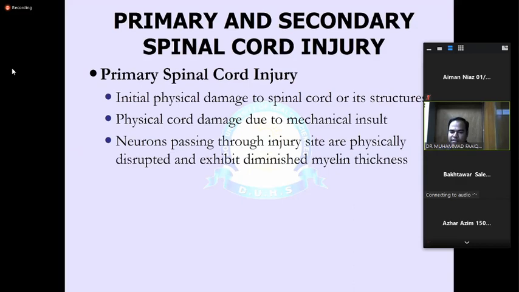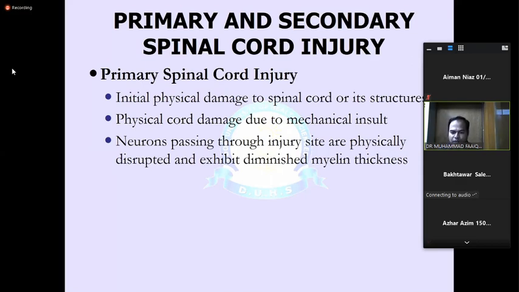So as you have seen, head injury is also divided into primary and secondary head injury. In the same way, spinal injury is also divided into primary and secondary spinal cord injury. Primary spinal cord injury is because of the impact of trauma.